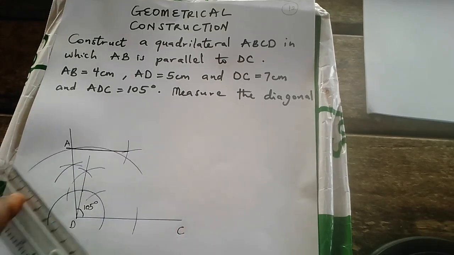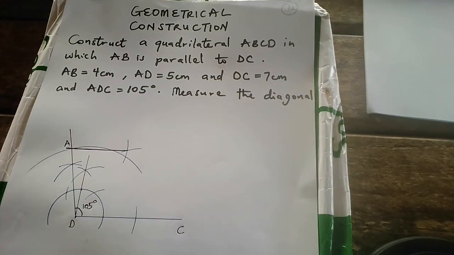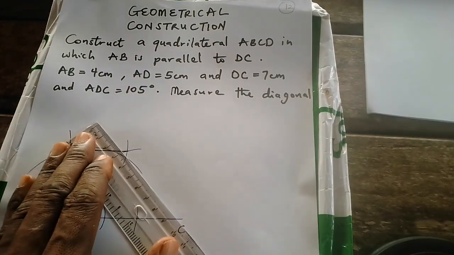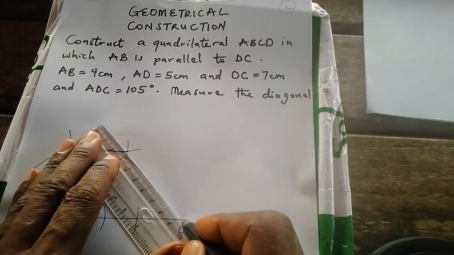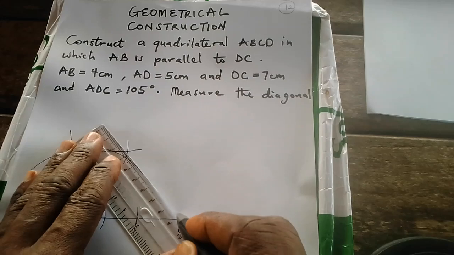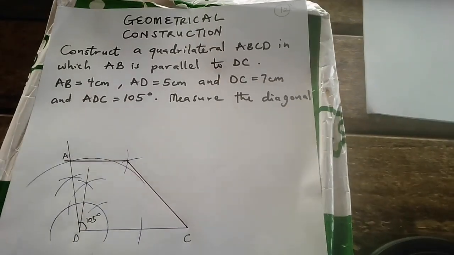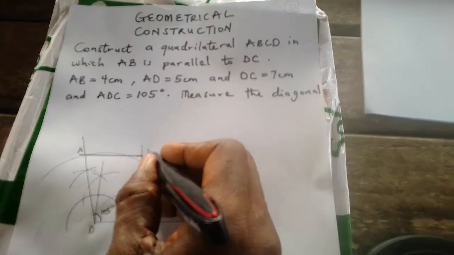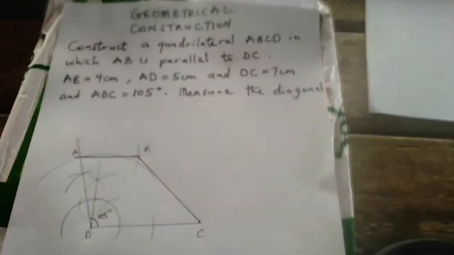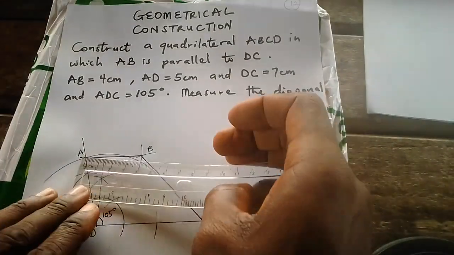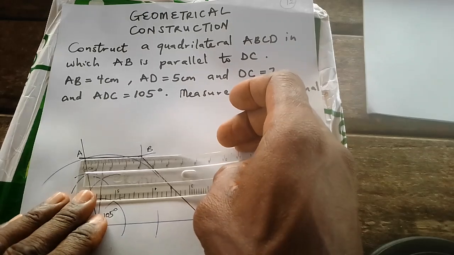Then we are told it's going to be a quadrilateral. That means a 4-sided plane figure. So I will now join this to this other end. So this now gives me line B. So if you measure this line here, it is going to give us 4 centimeter.